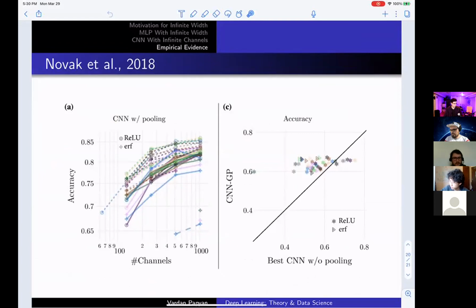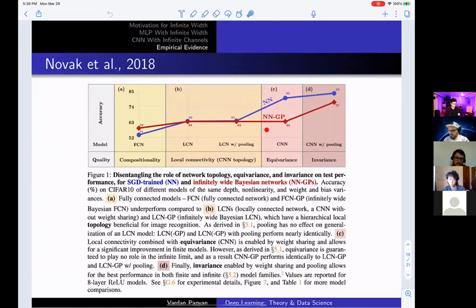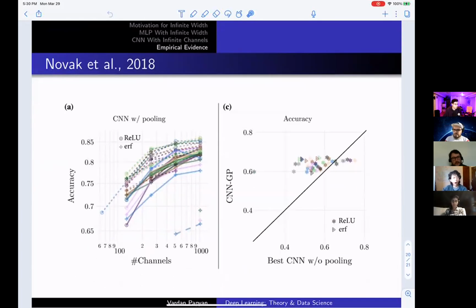Okay, so this is another measurement that is trying to explore why there is a difference once we're looking at CNN without pooling. Why is there a difference in performance? What they did here was compare, so here you can see on the x-axis the performance of the CNN without pooling, and on the y-axis the performance of the infinite width network. The diagonal line means that they're performing the same.